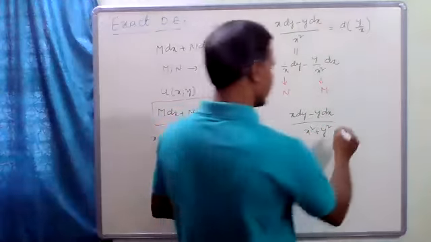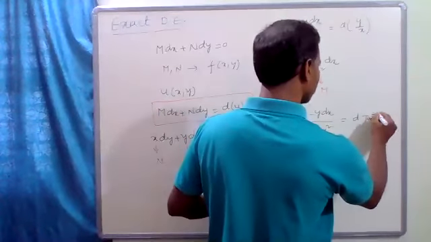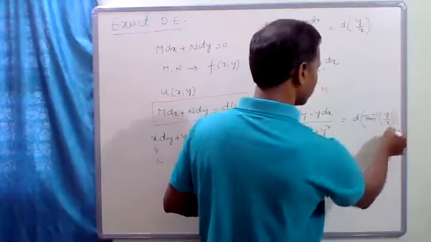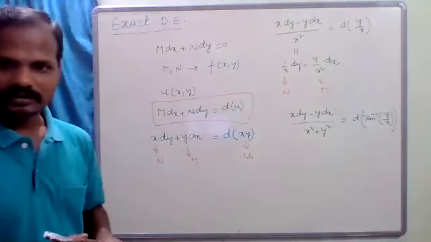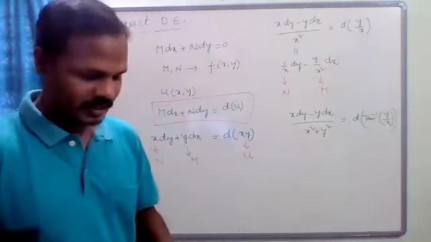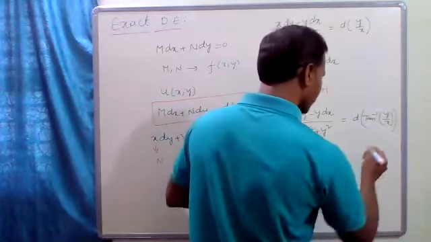This can be written as d of tan inverse y by x. What is the meaning? If you differentiate this, you will get this one. Let us check once.